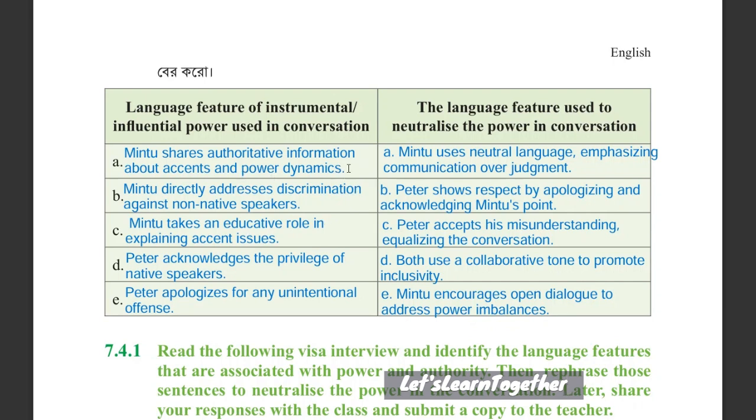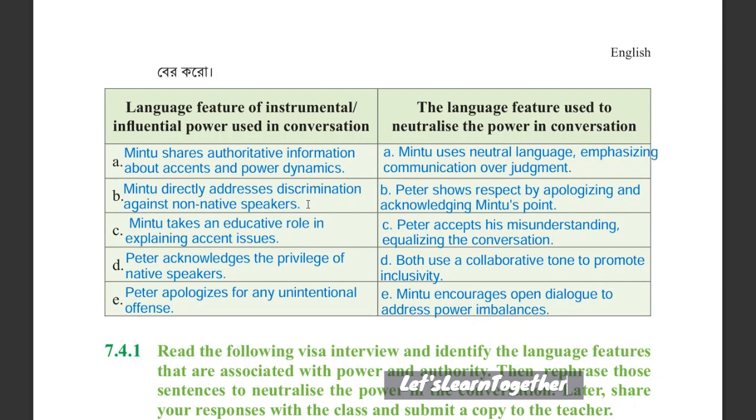The power dynamics, we know what it means. It means that native speakers hold more authority or accuracy in their native languages than foreign speakers. That's what's called power dynamics, as far as we have come to know from the conversation. Then the next one is Mintu directly addresses discrimination against non-native speakers.